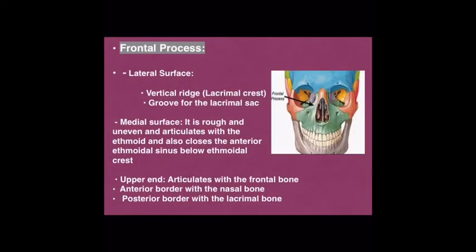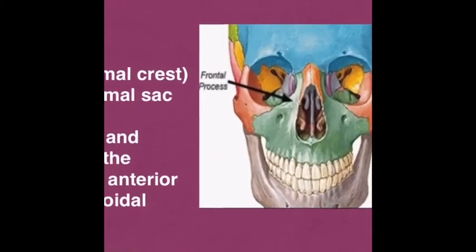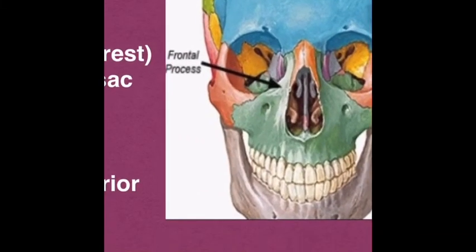بالنسبة للfrontal process من ناحية lateral surface للfrontal process تكون vertical ridge lacrimal crest والgroove for the lacrimal sac. هنا كشكل موقع الfrontal process مثل ما موجود بالصورة.